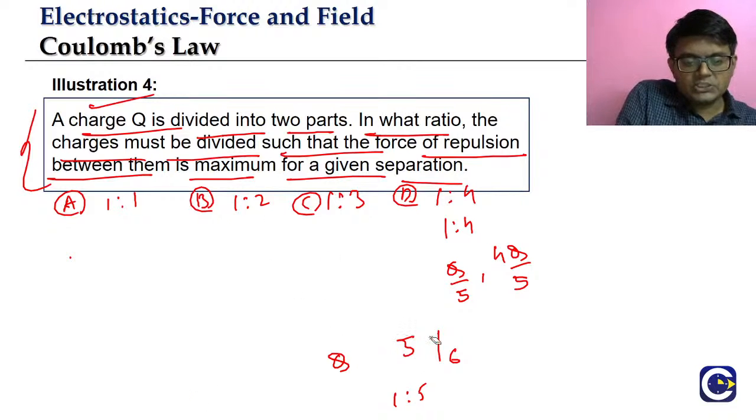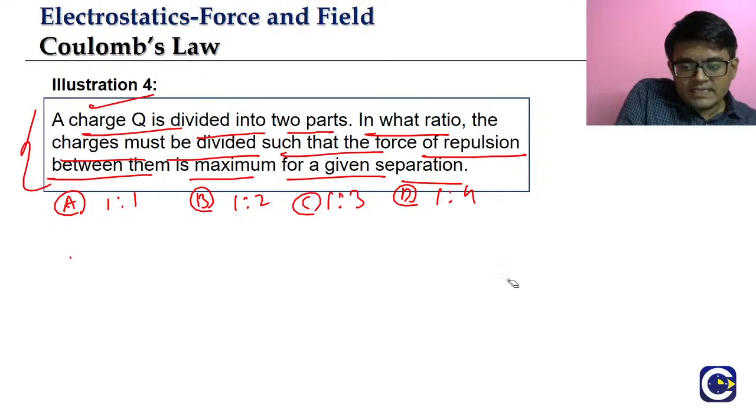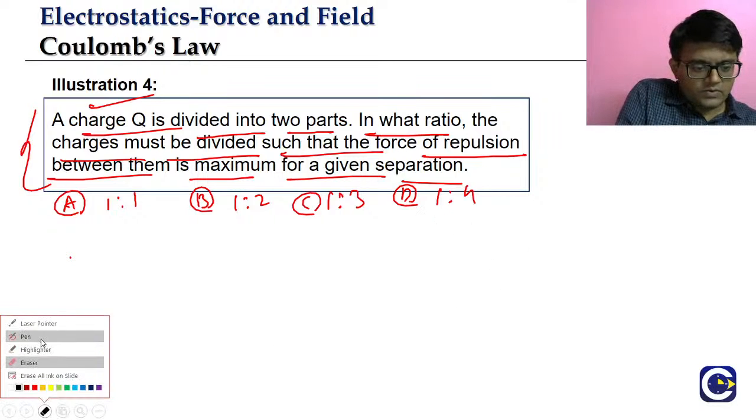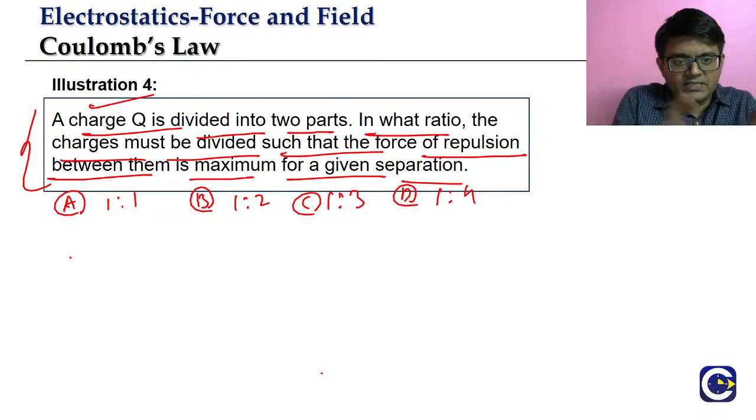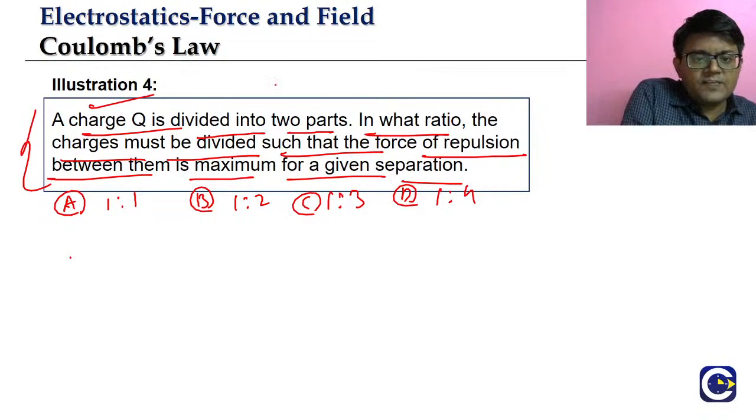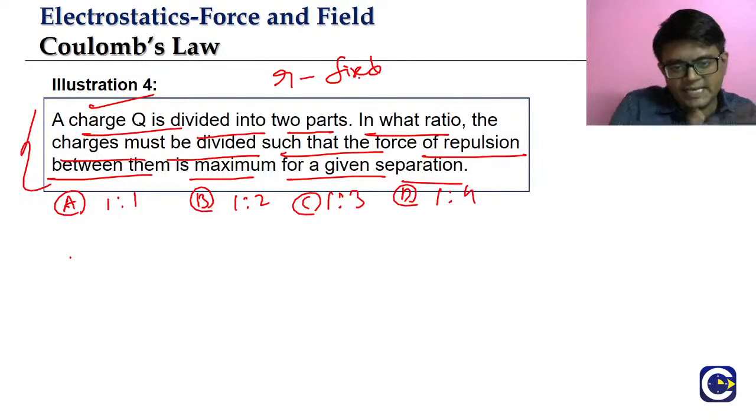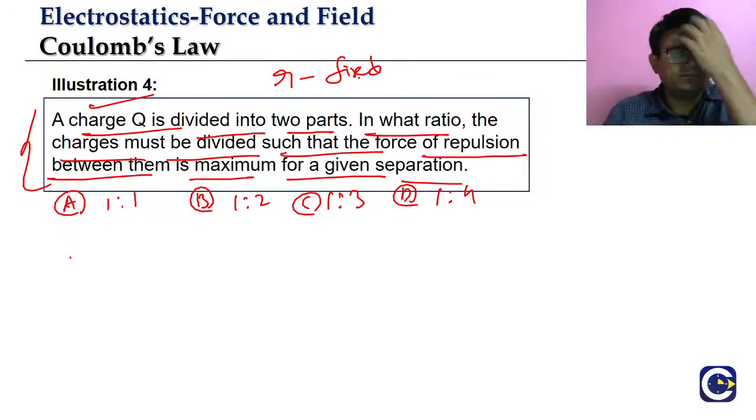We break charge Q into two parts and keep them at a separation, and that is already fixed. With that value fixed, we are looking for the ratio in which to divide the charges so that the force between them will be maximum.